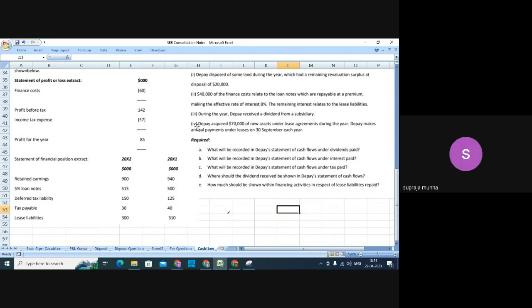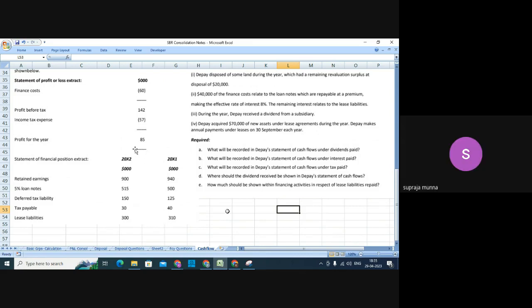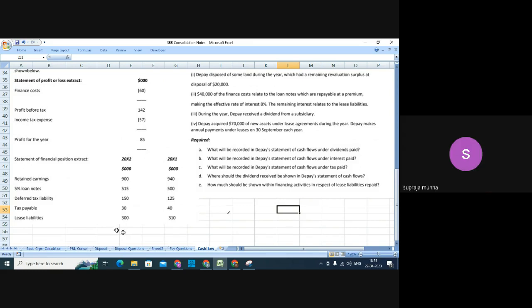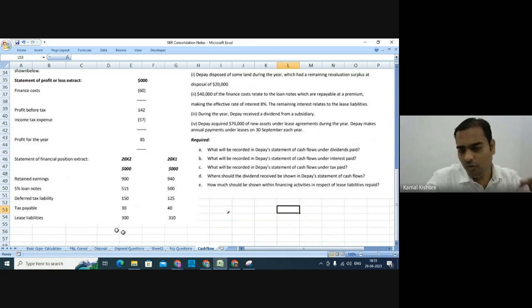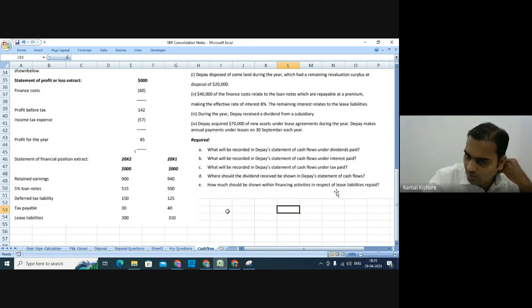So that means this number should have been 310 plus 20, which is 330. You have paid, but your number here is 300. So 330 minus 300 is 30. So this would have been the lease liability repayment.